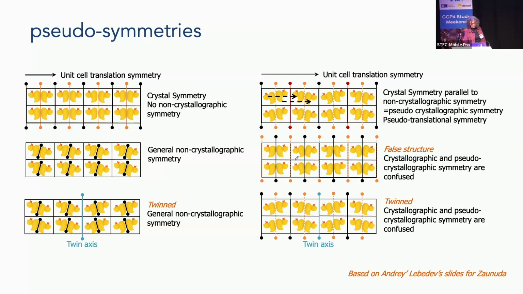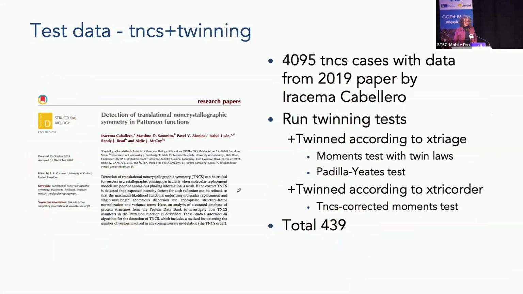These are mixed structures, if you like, as part of the molecular replacement. And then you've also got twinning on top of that as well. So things can get really complicated with these twins: TNCS, pseudosymmetries, pseudocentering problems.